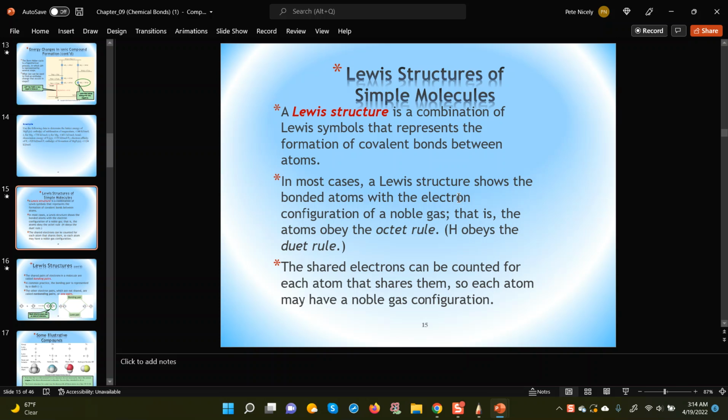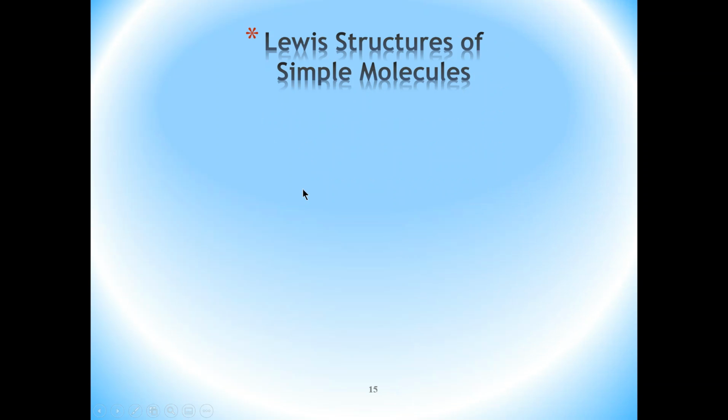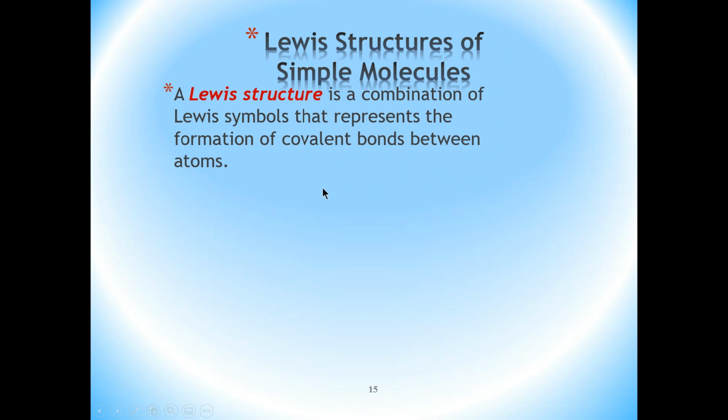So now we're going to look at how we draw the Lewis structure for simple molecules, and I should add also for polyatomic ions. We talked about Lewis symbols for elements, a very simple representation of atoms of an element where we write down the symbol for the element itself, and then use dots to represent the valence electrons.